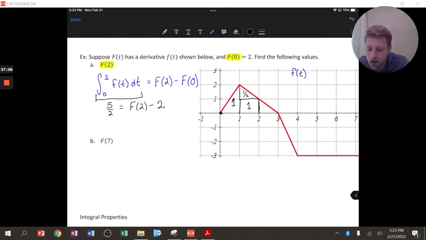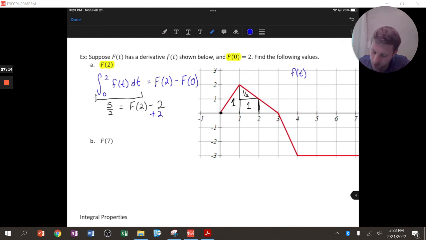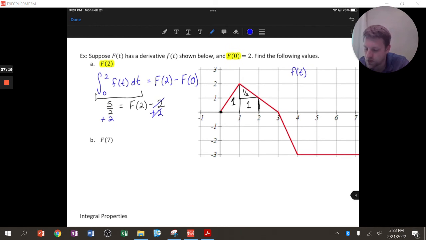So to solve for our capital F of 2, we can add 2 to both sides. And if I consider adding 2 here, this is actually going to be the same as 4/2. So our total here for capital F of 2 is going to be 9/2, or we could call that 4.5, either way. So 4.5 would work.